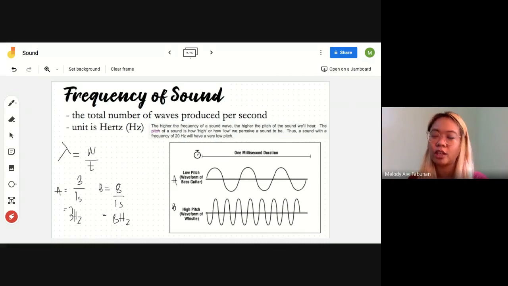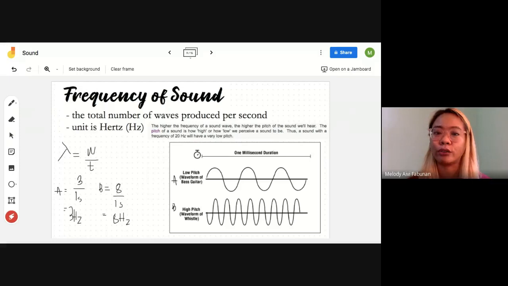So kung naabot niya yung mataas na note for that song, ibig sabihin, kinaya ng kanyang vocal cords na mag-vibrate at mag-produce ng ganun karaming waves for that time. Compared dun sa isang tao na hindi niya na-reach or hindi niya naabot yung note doon sa song na yon. Ibig sabihin, yung vocal cords niya medyo mas mabagal in producing the same amount of waves in the same amount of time.